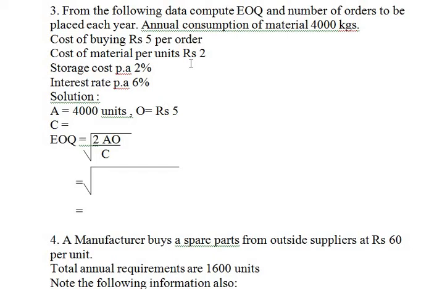Apart from this, what they have given is cost: storage cost is 2% per annum and interest rate is 6% per annum. Now add these percentages, because these are the expenses to carry the materials, and they will be included. So storage cost is 2% and interest rate is 6%. So the total is 8%. 8% of what? Of rupees 2 we need to take.